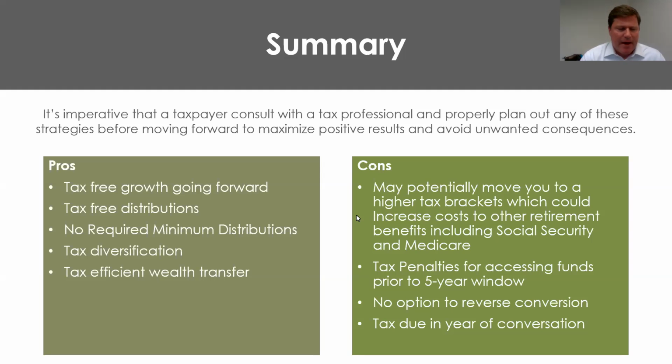Thinking back to some earlier slides, the basic conversions are the ones we see the most, and the ones you're going to work with your advisor on if you have questions. If you might have too much income in retirement, or we did some cash flow modeling for you and it looks like you're going to have a lot more than you need, and the required minimum distribution is going to force you into a higher tax bracket, creating some issues for you.